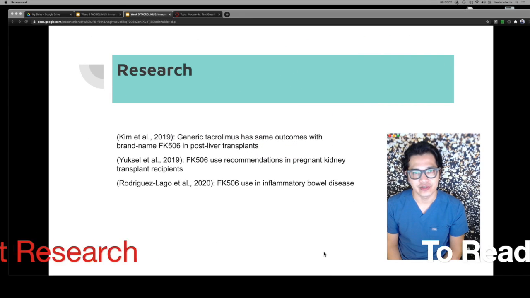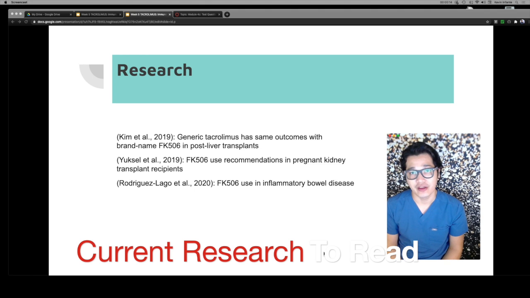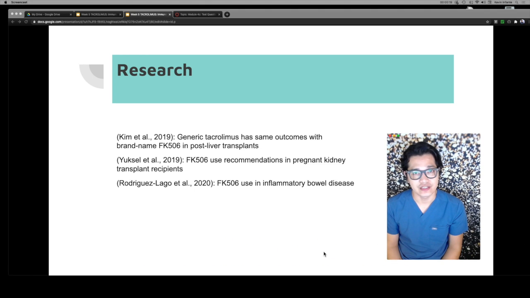I've listed here 3 notable research studies that you might find interesting. First is the one done by Kim and colleagues, showing that the generic form of tacrolimus has shown comparable outcomes compared to the brand name tacrolimus in liver transplant recipients. As we all know, generic versus brand name medications have quite a bit of price variation.